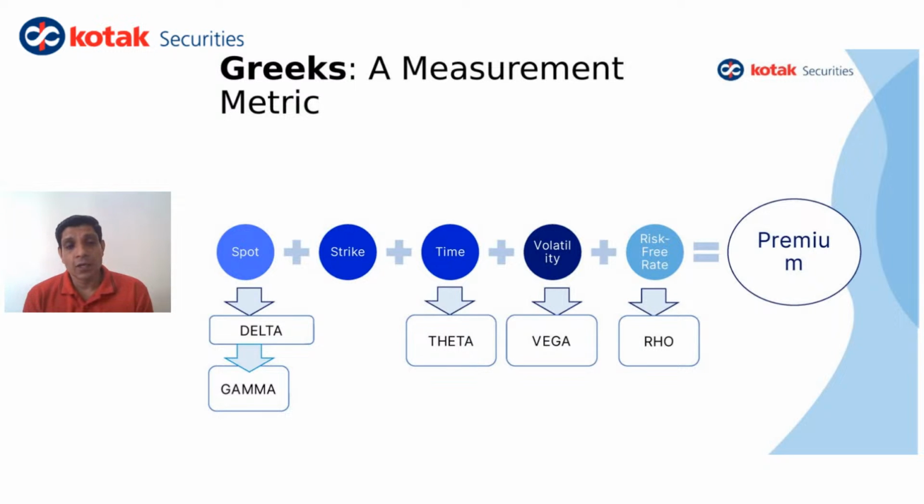Suppose you are trading an option which is 3 months ahead or 6 months ahead, then the interest rate would have a significant impact on the option premium. But since the expiry day is tomorrow, for example, Thursday, you will not have a major impact of rho on the option premium.